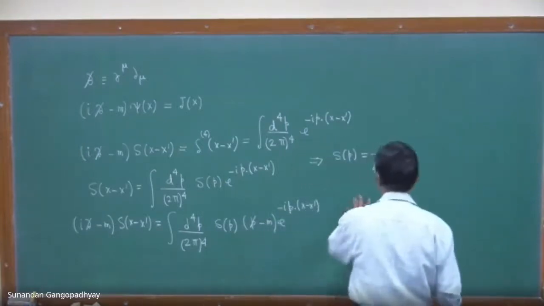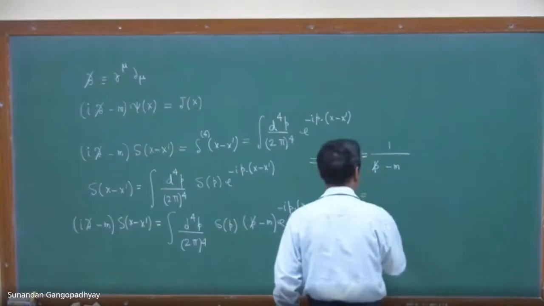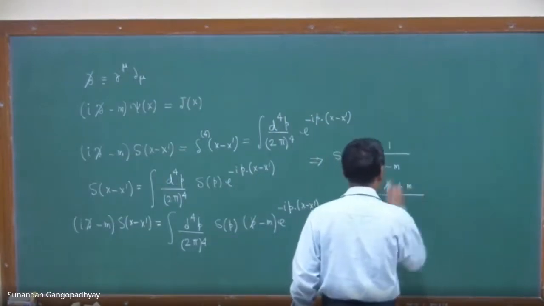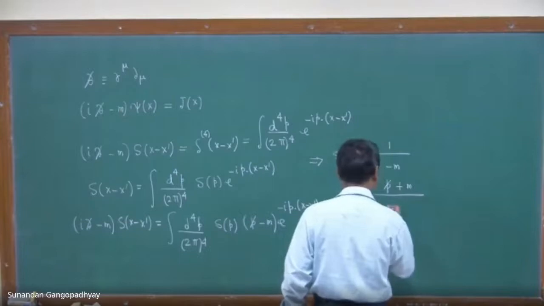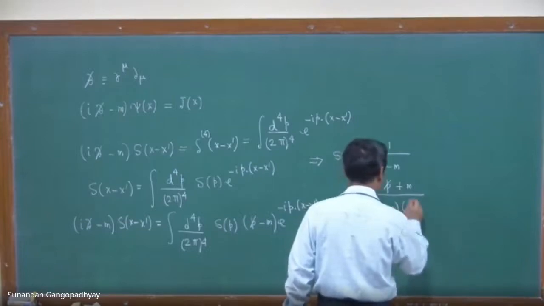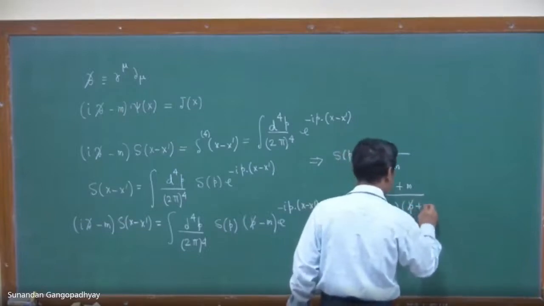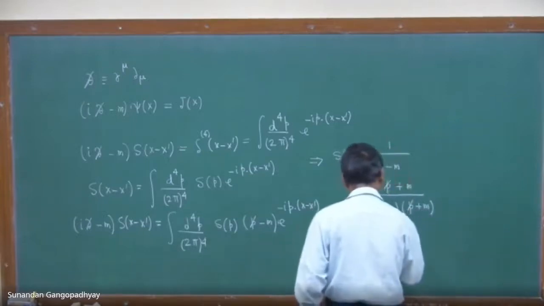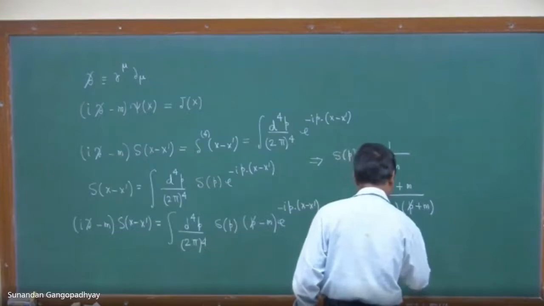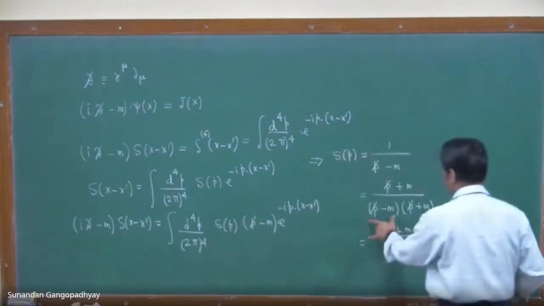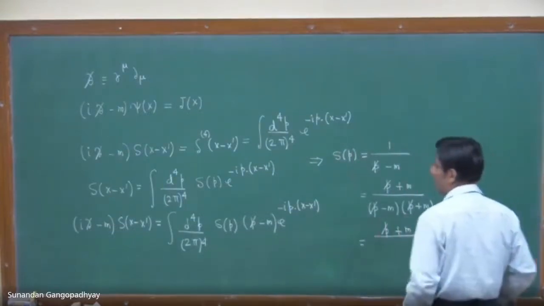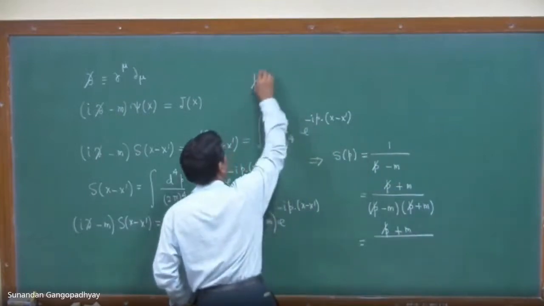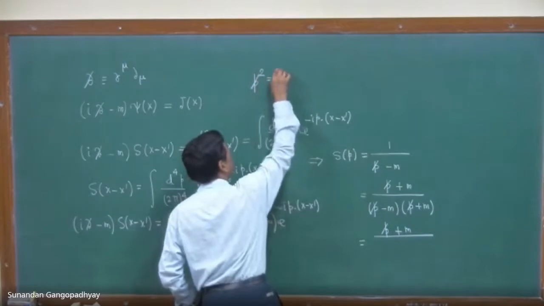And once we have this, you can also write this in the following way. Multiply both the numerator and denominator by p slash plus m. This leads us to p slash plus m over p slash minus m times p slash plus m. You know that p slash square is basically equal to p square.